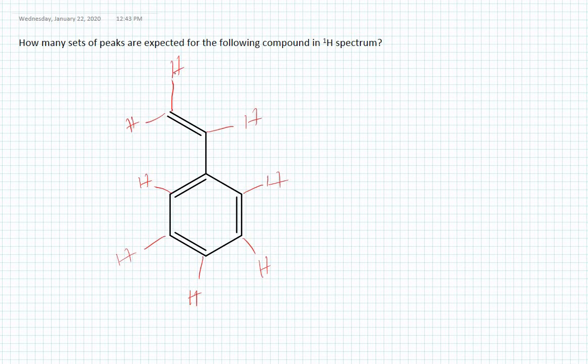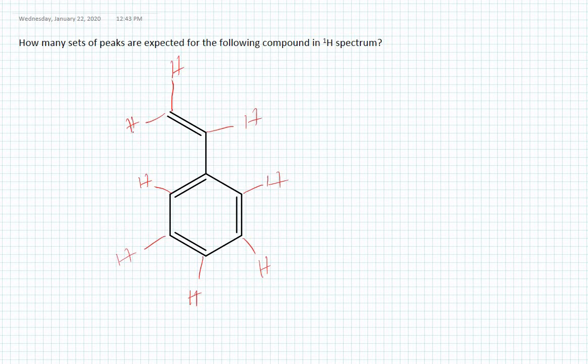So this hydrogen is facing a hydrogen on the right side and next to this hydrogen. Basically, the chemical environment is that we have a vinyl hydrogen here, and on the same carbon we have another hydrogen.